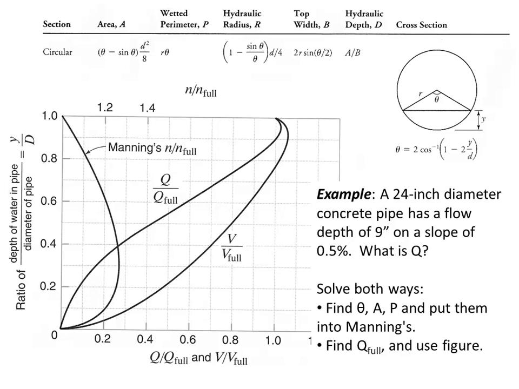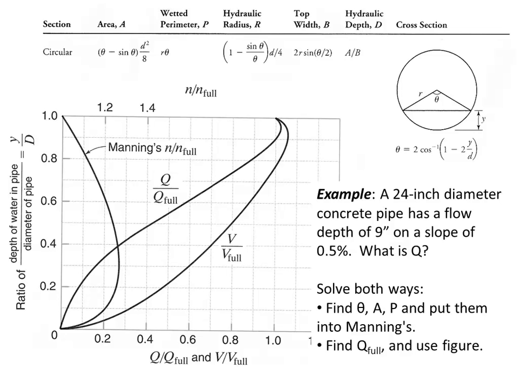And then once you know that, then you ask the question: for the ratio of the depth to the diameter, find the chart y-intercept. Okay, so the ratio of water depth to diameter. In our case, it's 9 inches out of 24, and so that's 0.375.